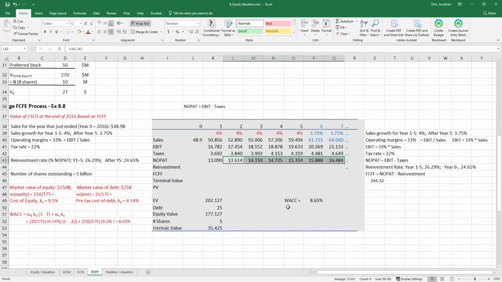All right, we came up with NOPAT. And then the next information is this one: the reinvestment rate as a percentage of NOPAT is 26.29% for the first 5 years, and after that 24.65%.